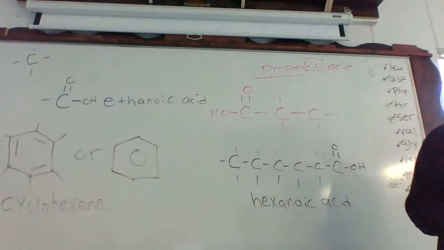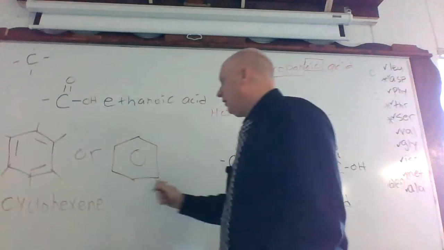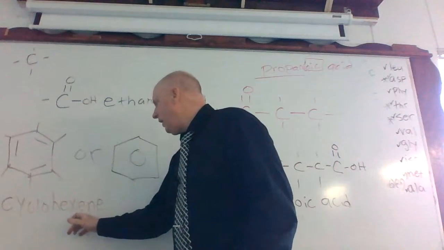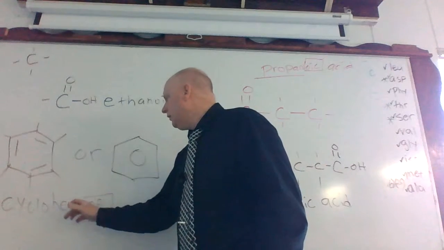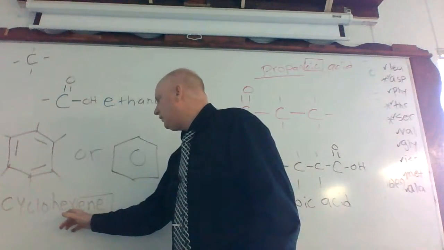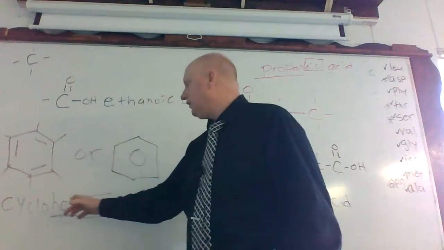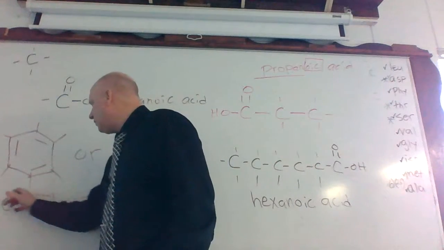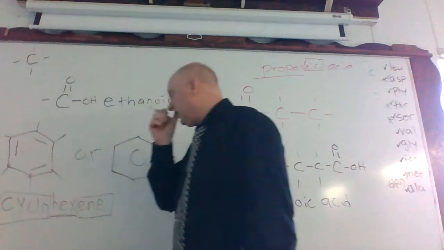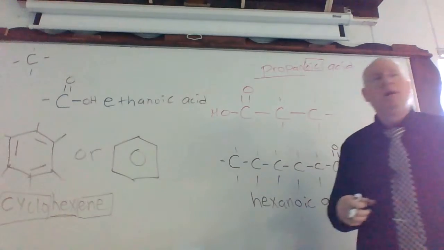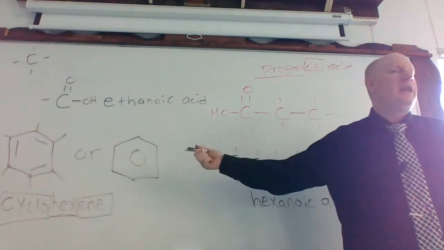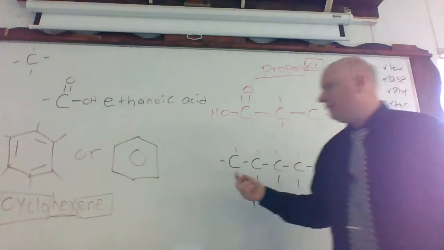Okay? Because what you're saying is there's double bonds in there. This is telling you that there's 6 carbons, and this is saying that it's in a ring structure. So that's the scientific name. But what is a common name for this? Benzene. Okay?